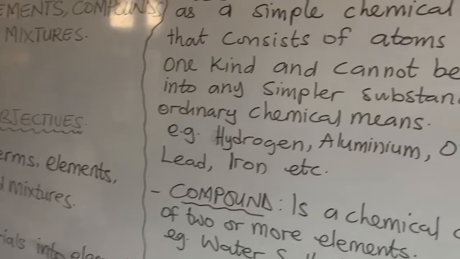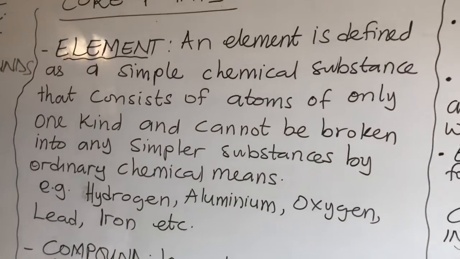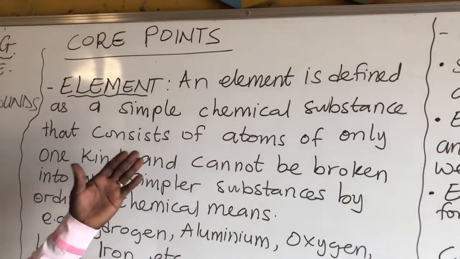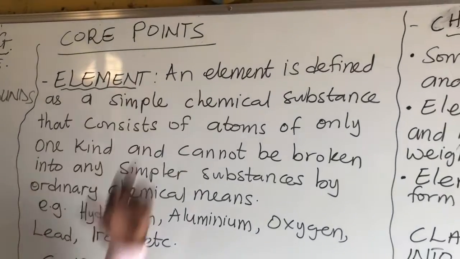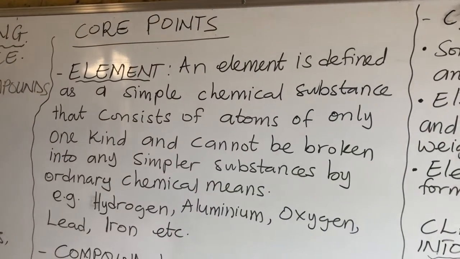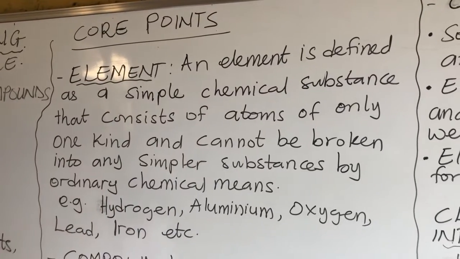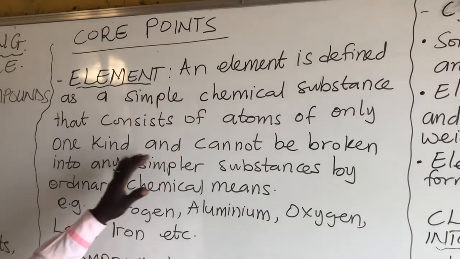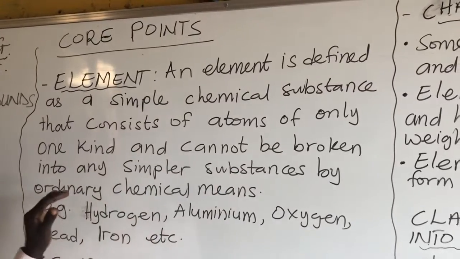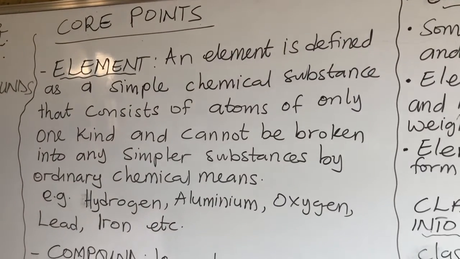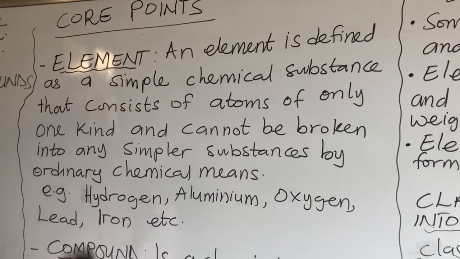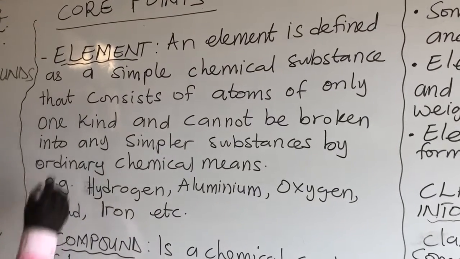Now to move on, what are elements? An element is defined as a simple chemical substance that consists of atoms of only one kind and cannot be broken into any simpler substances by ordinary chemical means.